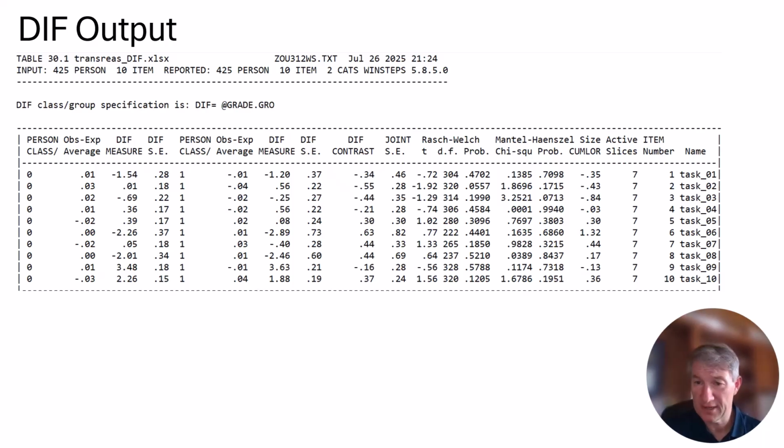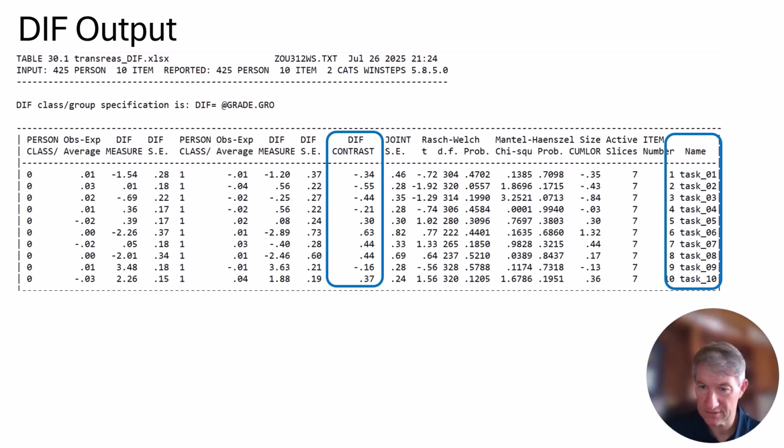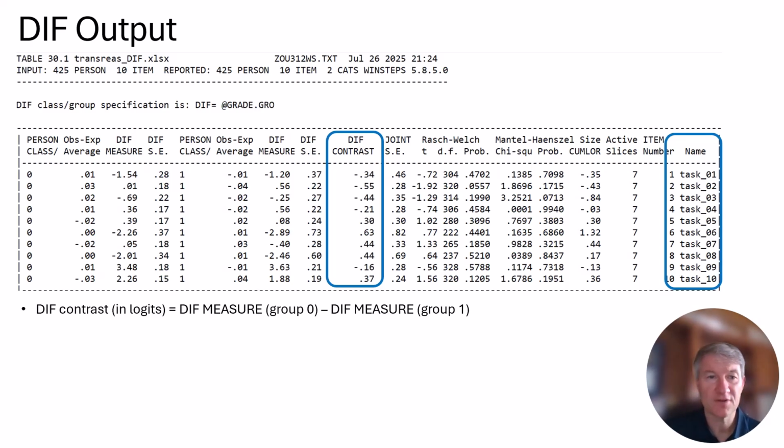Here's Table 30. First thing I'll point out from this table is that in the far right column, we have all of the items identified, item 1 through 10, or task 1 through 10. We also have a column called diff contrast. And the diff contrast value is the ability measure for group 0 minus the ability measure for group 1.